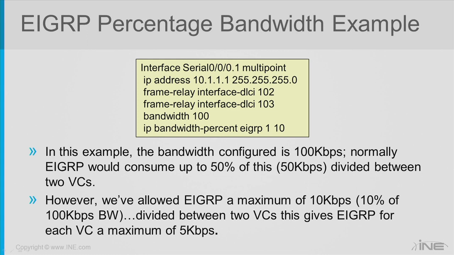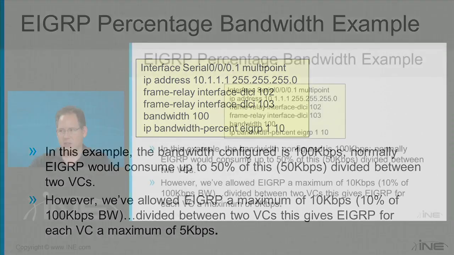I want to make it different for each neighbor. On a multi-point interface, you can't do that. On any interface that terminates 2 or 3 or more neighbors, there's no way for you to distinguish that one neighbor is treated differently by EIGRP than another neighbor. You can't do that. If that's what you want, you have to go to point-to-point interfaces.